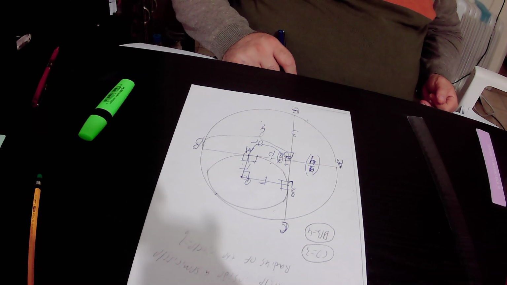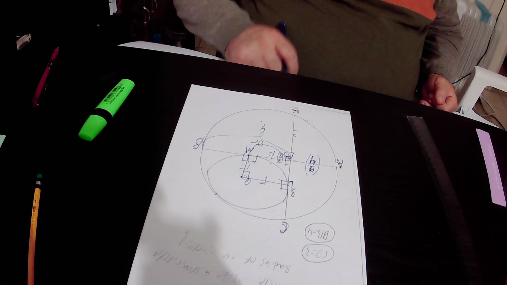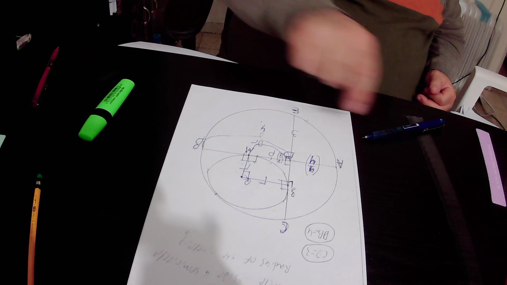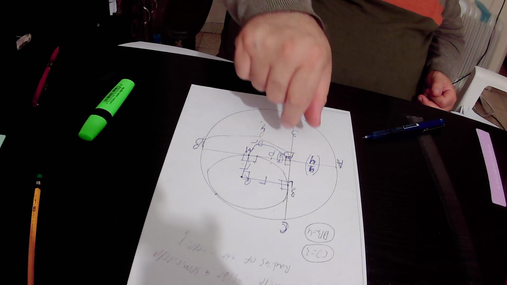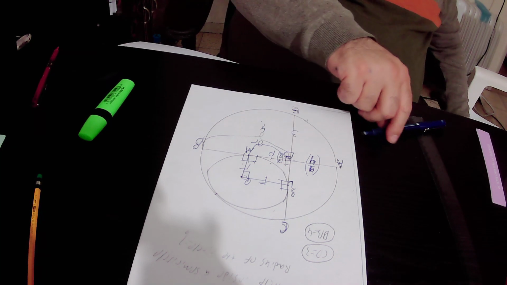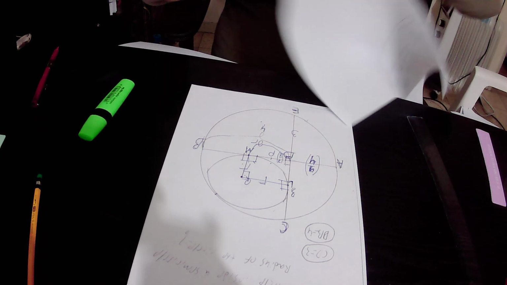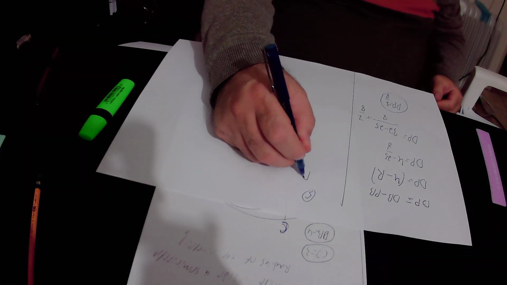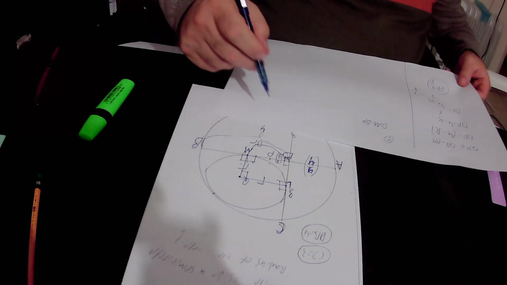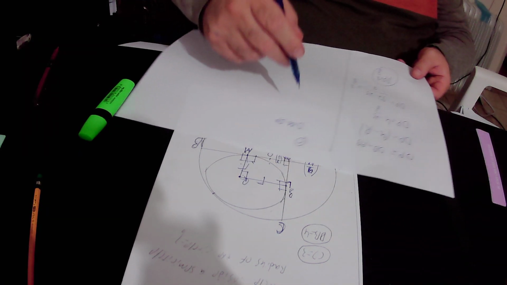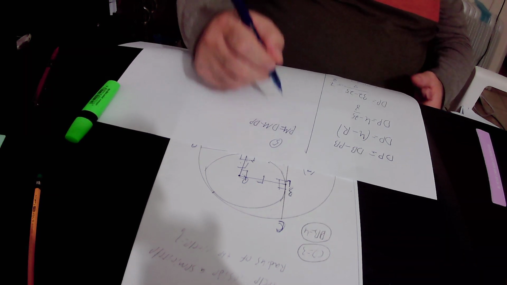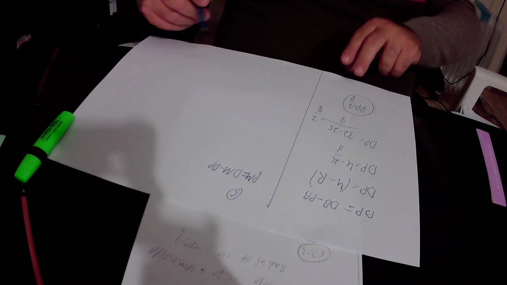And now what is the length of PM? From the drawing it is really easy to see that PM equals DM minus DP. I'll repeat again, PM equals DM minus DP.